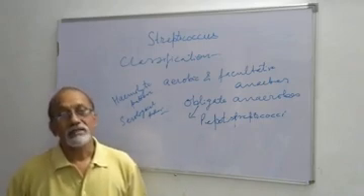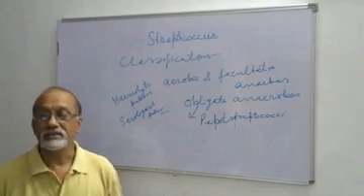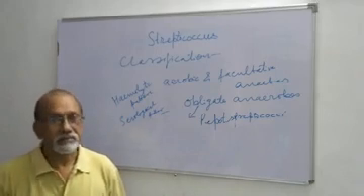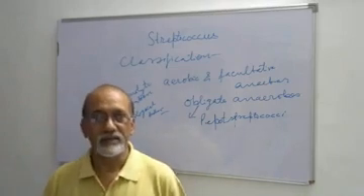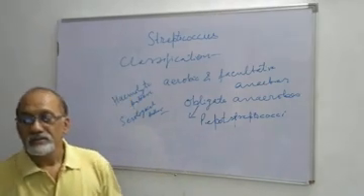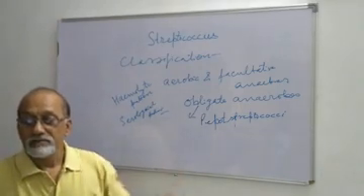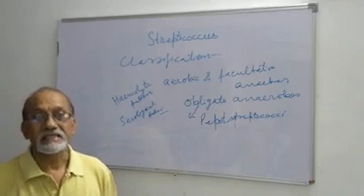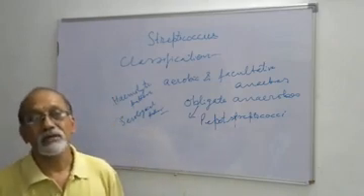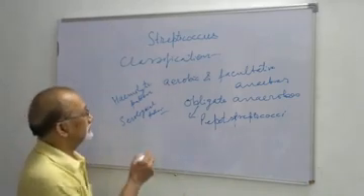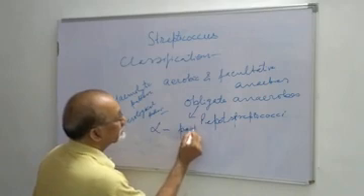Alpha hemolytic streptococci produce a greenish discoloration around the colonies on blood agar. When we culture on blood agar, they produce a greenish discoloration around the colonies, and it is due to partial hemolysis. Alpha means partial hemolysis.